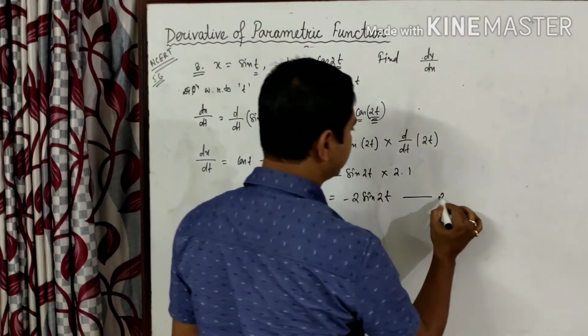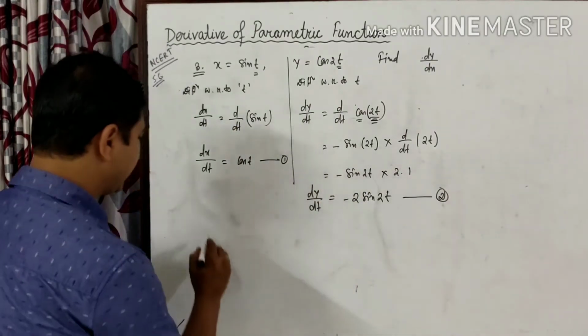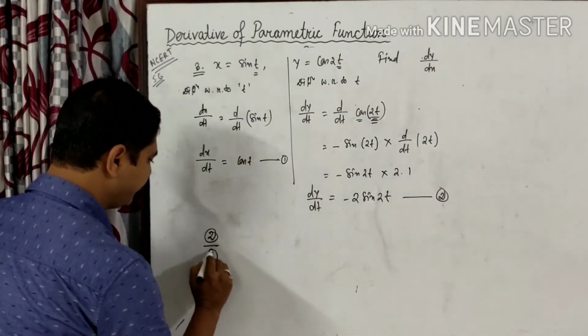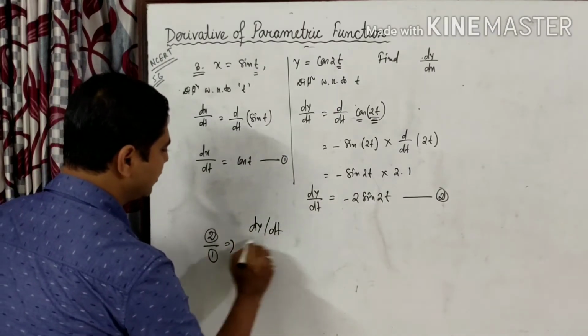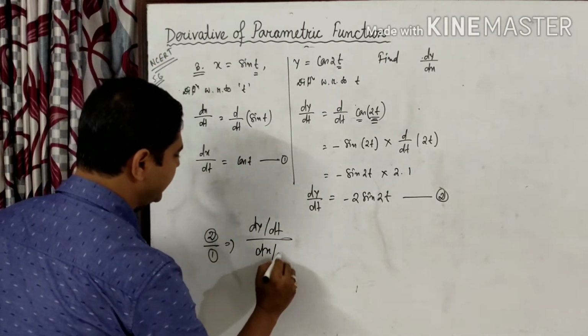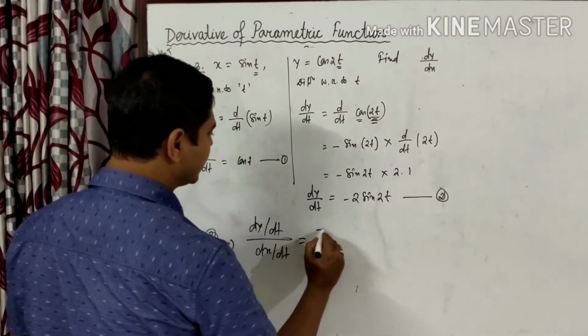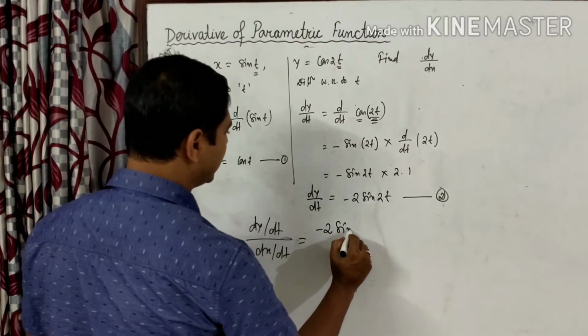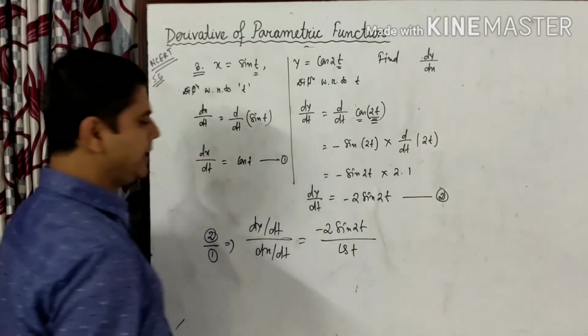This is the value of dy by dt. This one we consider equation 2. Will we do 1/2 or 2/1? Definitely we do 2/1. Doing 2/1, above comes dy by dt, below comes dx by dt. The right hand side: what do you have? minus twice sin of twice t, and here you have cos of t.